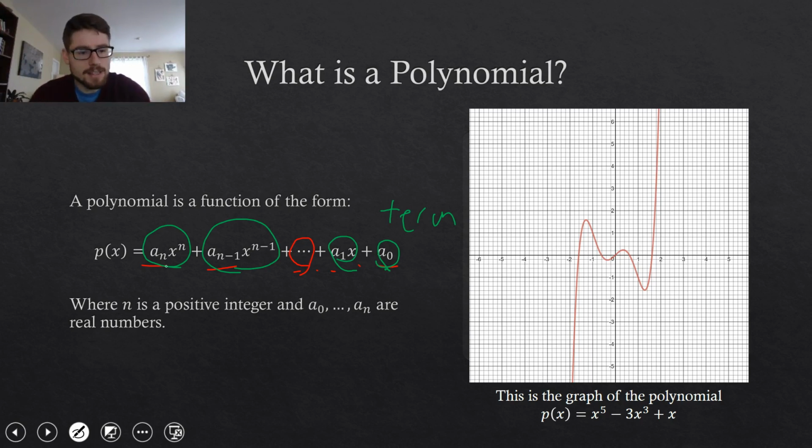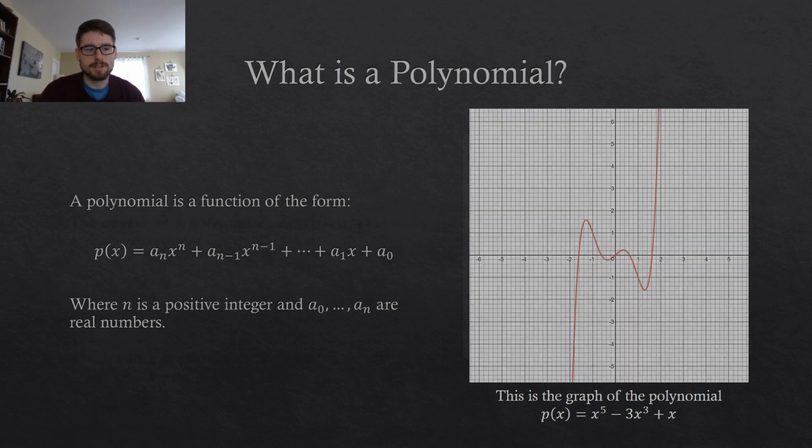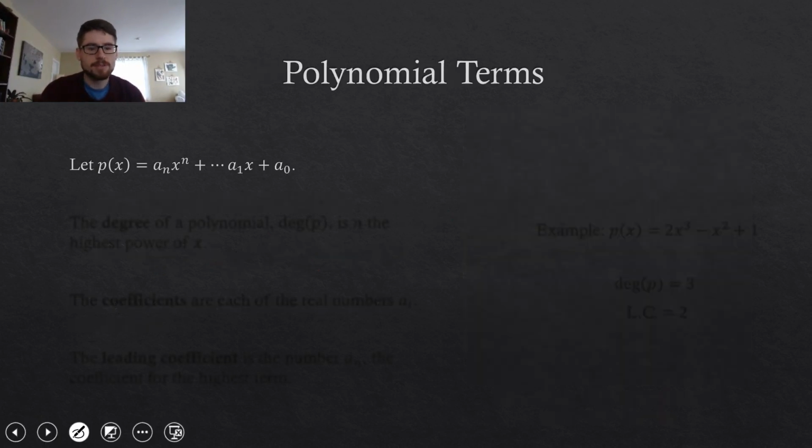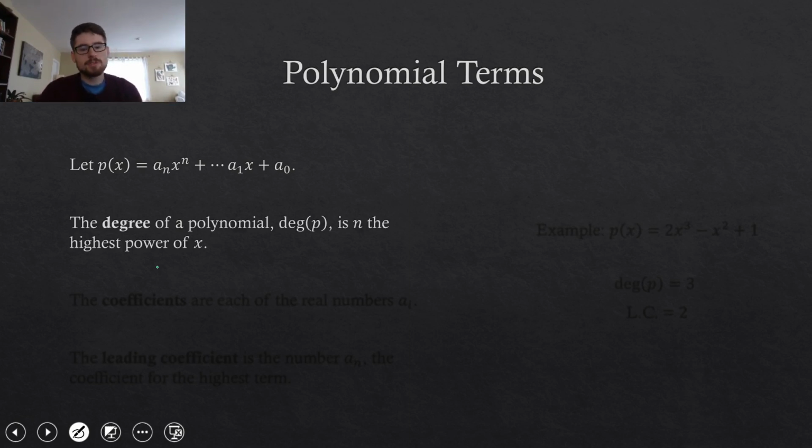And these little a subs, on the next slide, we're going to refer to those as coefficients. So there's our polynomial: a sub n times x to the n plus a sub n minus 1 times x to the n minus 1, and so forth. Some terms we've got are like the degree.